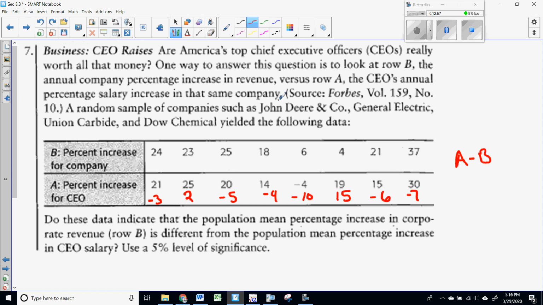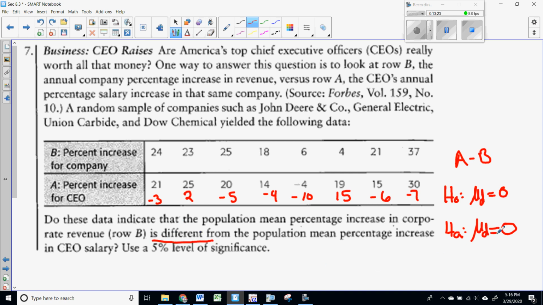And I have to think, okay, which way did I subtract? My h sub o and my h sub a. My h sub a is mu d. This is always, the difference is 0. And the question is, does the data indicate that the population percent increase of corporations is different from the CEO?